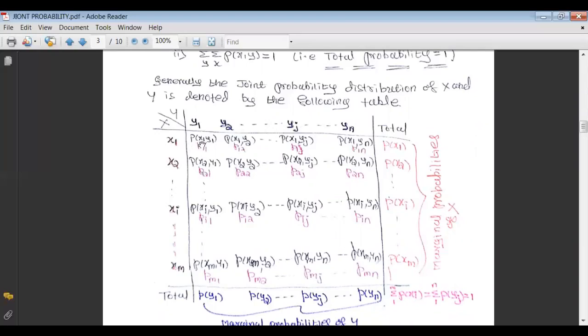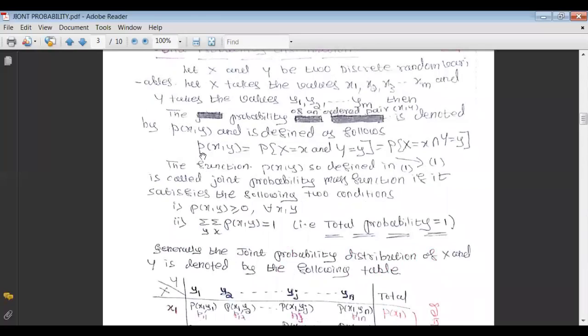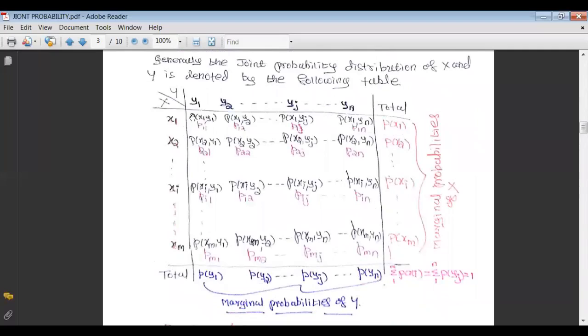Now, P of x1, y1, as we have defined P of xy in general, is the probability that the variable capital X takes the value small x and the variable capital Y takes the value small y. In the same fashion, P of x1, y1 represents the probability that the variable x takes the value x1 and the variable y takes the value y1.